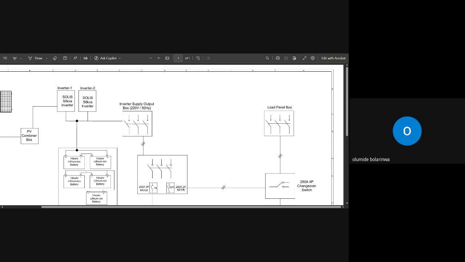What is the dimension of your solar panel? That metal roof mounting can contain 8 solar panels. If it contains 8, and we have 40 solar panels, 40 divided by 8 gives you 5. That will be up and down, making 10 required.